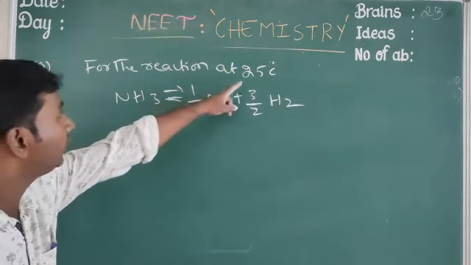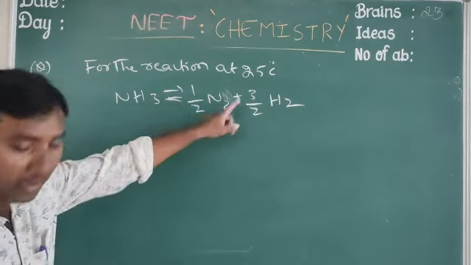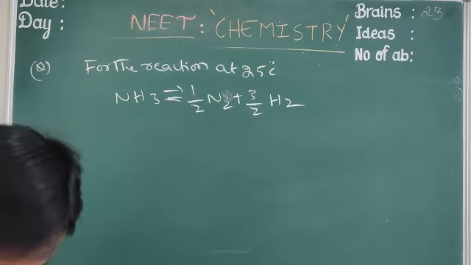For the reaction at 25 centigrade, NH3 dissociation to half N2 plus 3 by 2 H2.